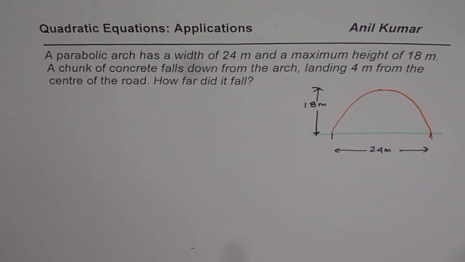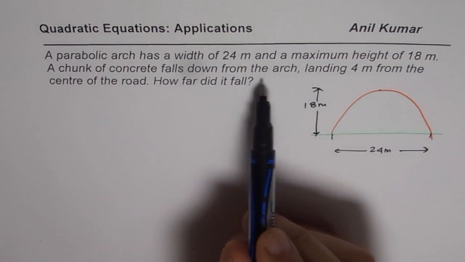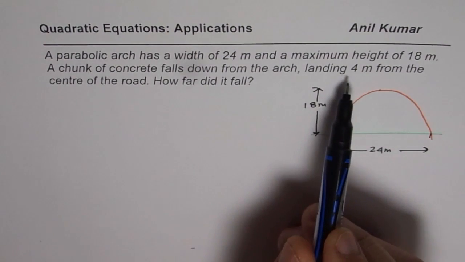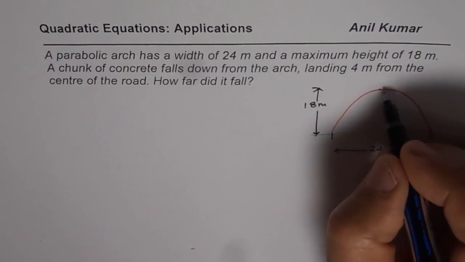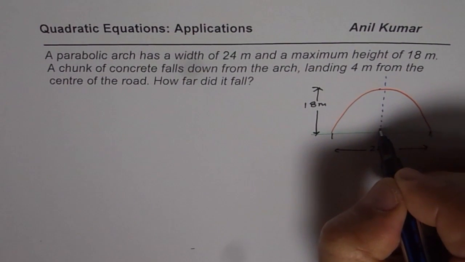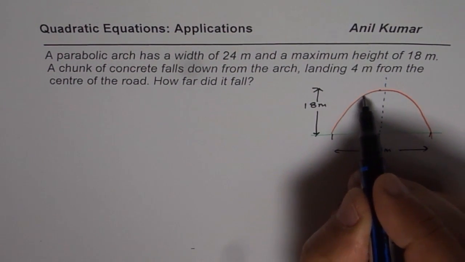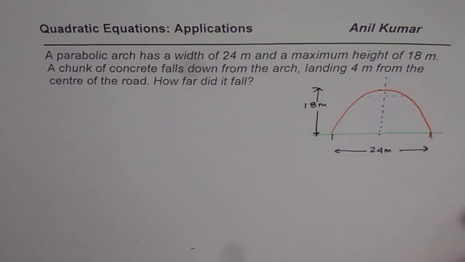Now in this situation, a chunk of concrete falls down from the arc, landing 4 meters from the center of the road. So let us say that this is the center of the road. So 4 meters away, it could be either side, right? So you could consider either side, that is fine.